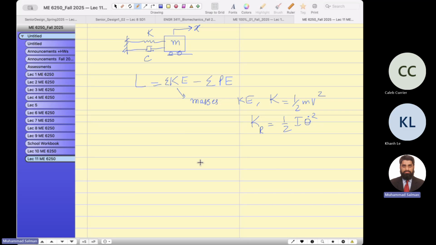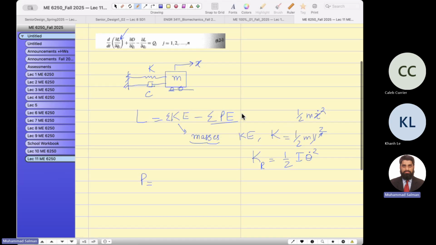Agreed. Now I want to show you. Usually in place of v, we write x dot, the time derivative of the position. Now look over here. The kinetic energy is possessed by the masses. When you see masses in our sketch, you will use the kinetic energy formula.